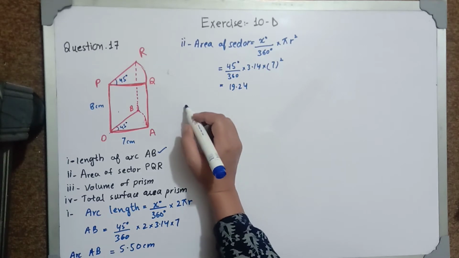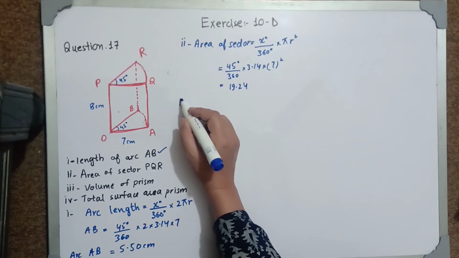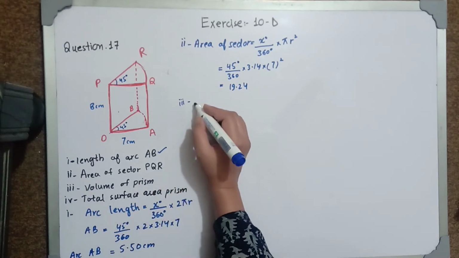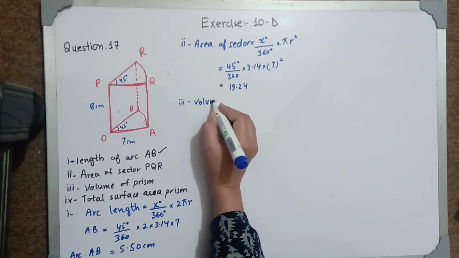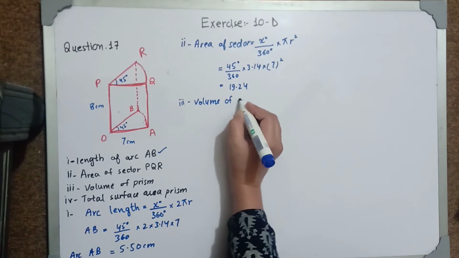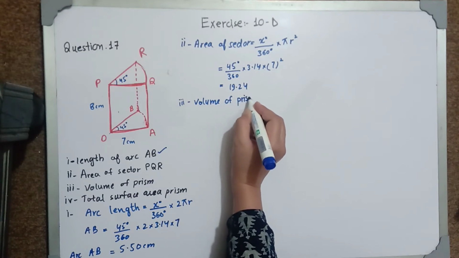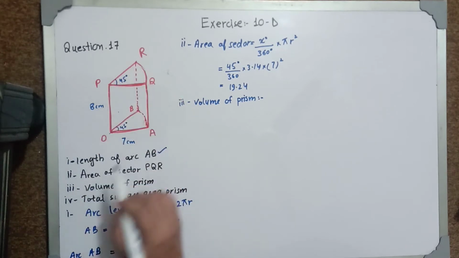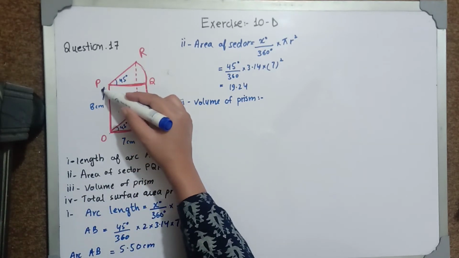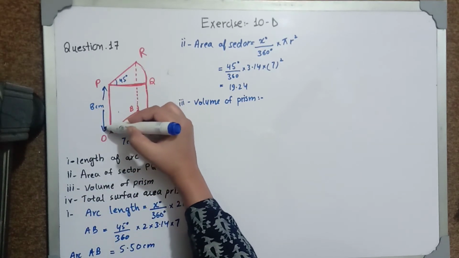Okay, now the third part is to find the volume of the prism, right? As we know the value of area of the sector, and we know that the length is 8 centimeter, right?